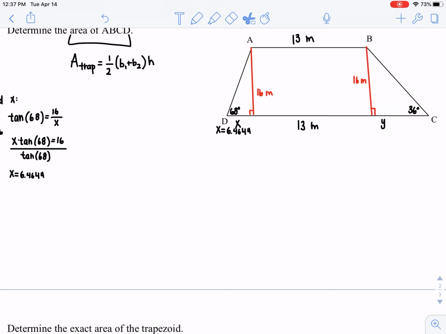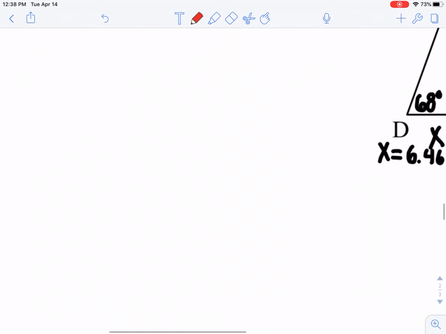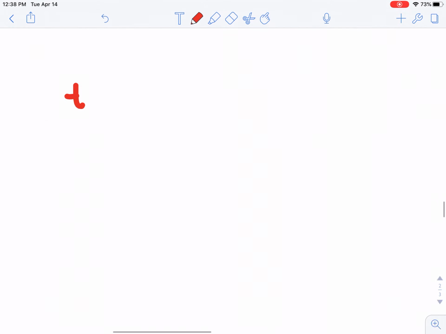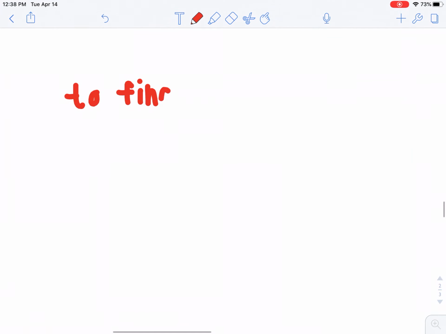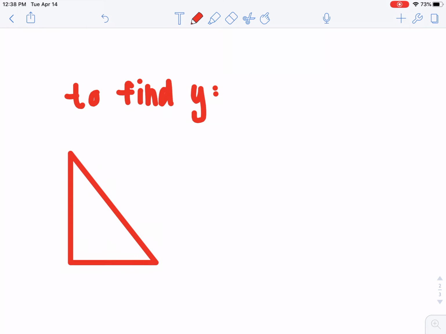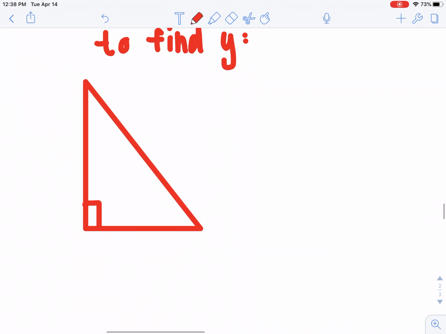Well, we have a right triangle there, and we have an angle and one of the sides, meaning that we can use trig to solve for y. So let's solve for y right here. We can draw our triangle with this being 36, this is 16, and this is our y.